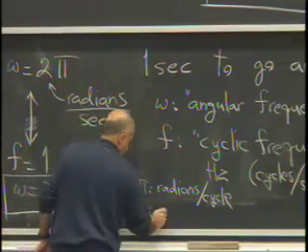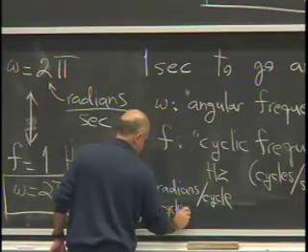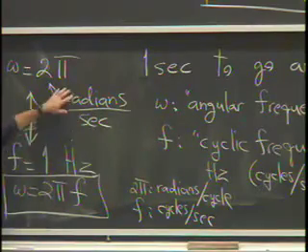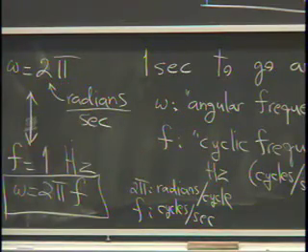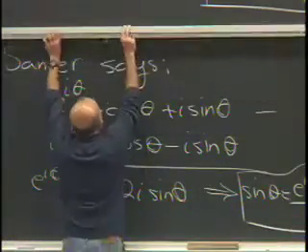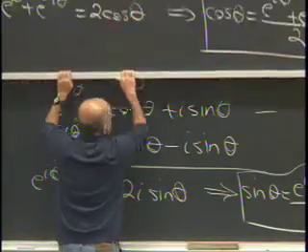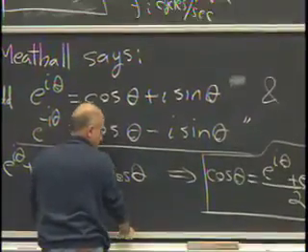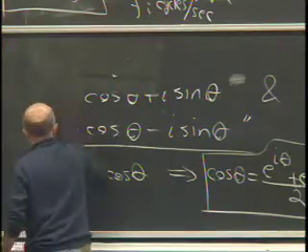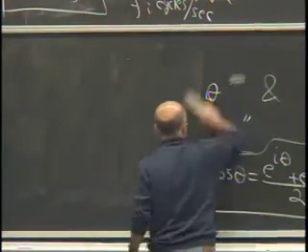F is cycles per second. And so when you multiply them, you get radians per second. Now, why is all this so important?